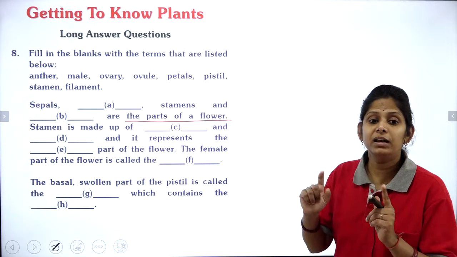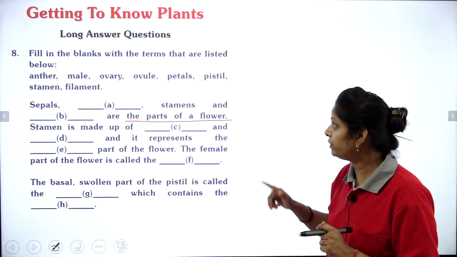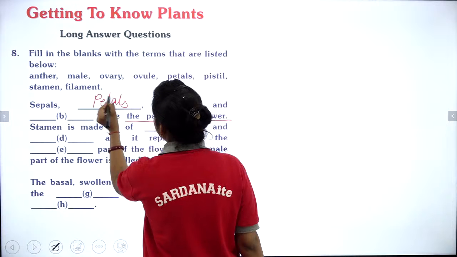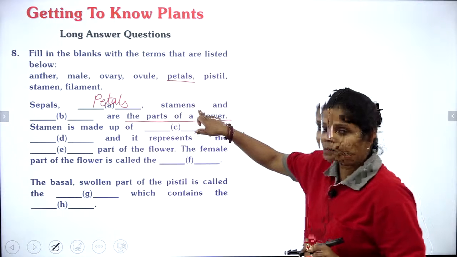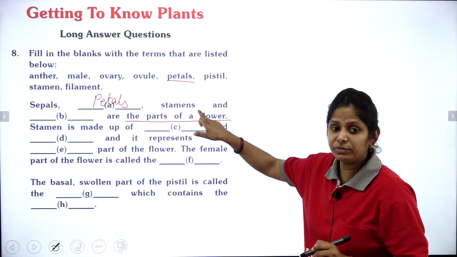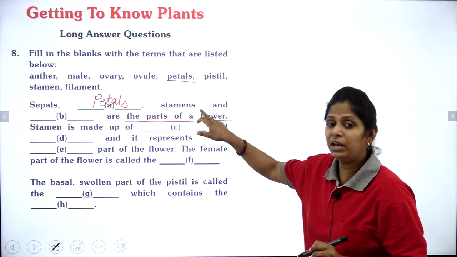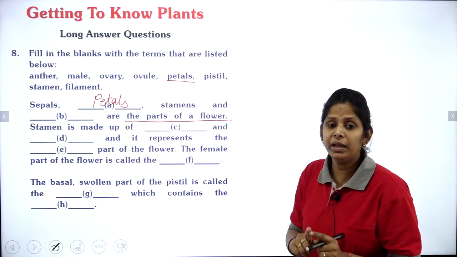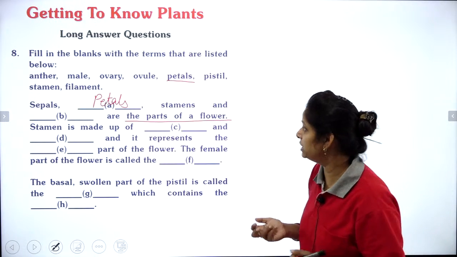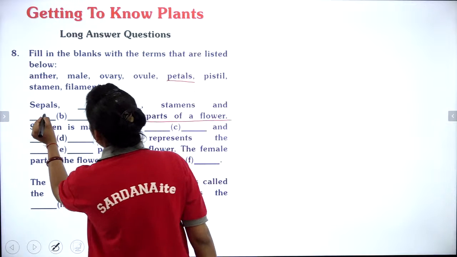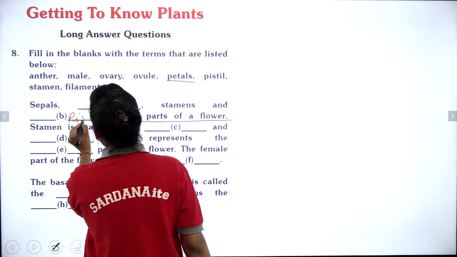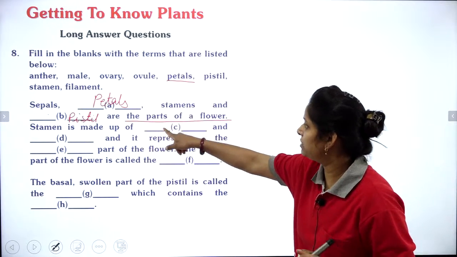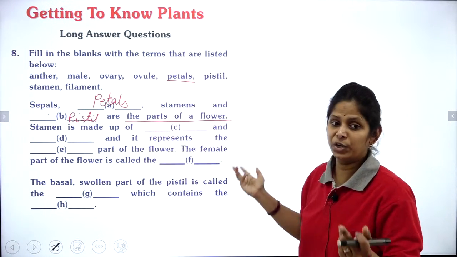Then what you see, the colored part of the flower, which is called, write down here, petals. You can see petals are there now. Stamens, the male part of the flower, or male reproductive system of the flower, and obviously it contains the female reproductive system also, and it is called pistil. So stamens and pistil, P-I-S-T-I-L, pistil. So you can see here sepals, petals, stamens and pistil are the parts of a flower.